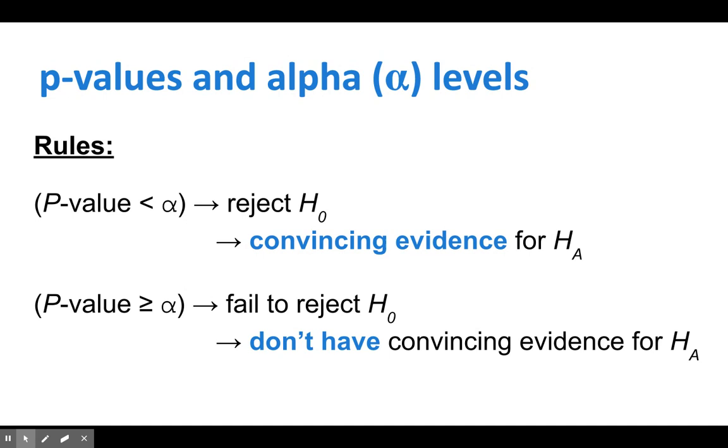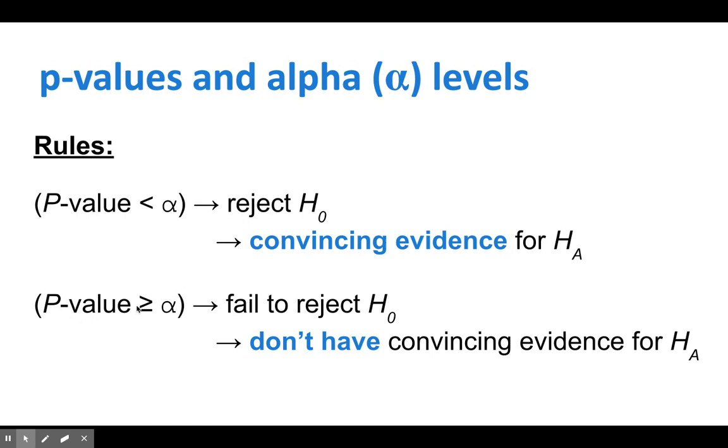So the rules for alpha: the alpha that we typically use is 0.05, but you can see different ones. It will be stated in the problem. If your probability value is less than alpha, you're going to reject the null. This means that you have convincing evidence for the alternative hypothesis.